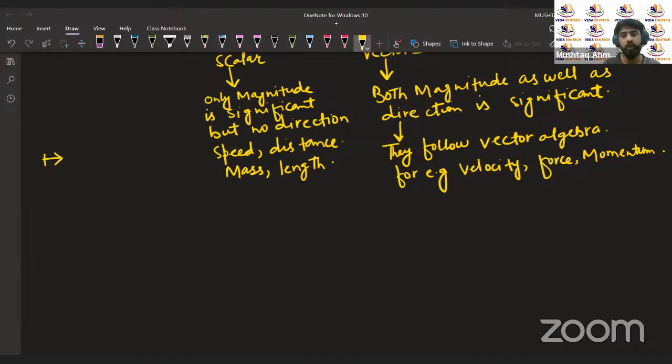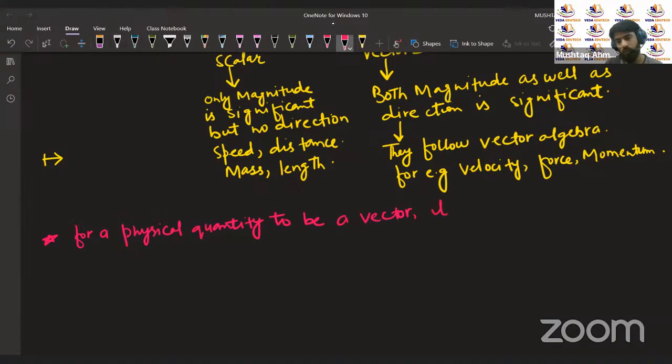So it is important for a vector quantity to not only have direction but also follow the vector laws of addition and subtraction.